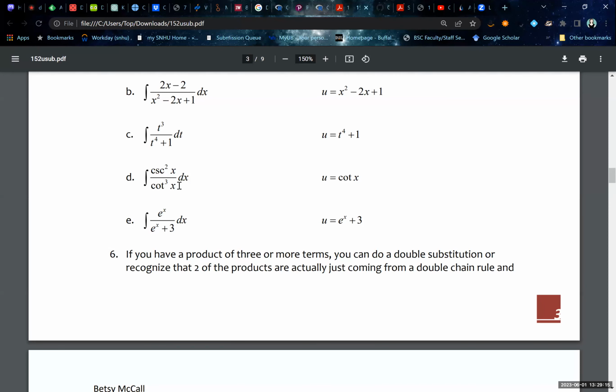Just take cotangent to be your u, and yes, the derivative is negative cosecant squared of x. Again, it's a constant multiple of the derivative that you need. That is the correct way to identify the substitution. And then again, same thing for this one. The derivative of e to the x plus 3 is e to the x. So the denominator is what you want to use for your substitution.